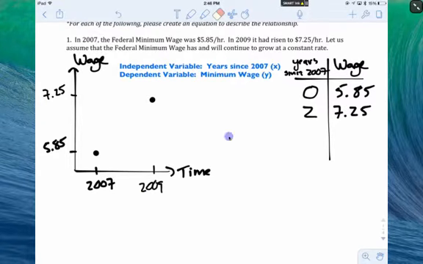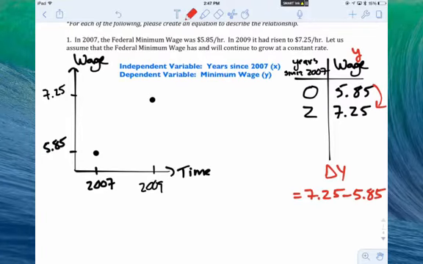So let's find out how much the minimum wage increased from 2007 to 2009. So we want to find the change in our minimum wage, right? That is going to be our y. So the change in y will be $7.25, what it ended up at, minus where it started, which was $5.85. So that is $1.40 increase.